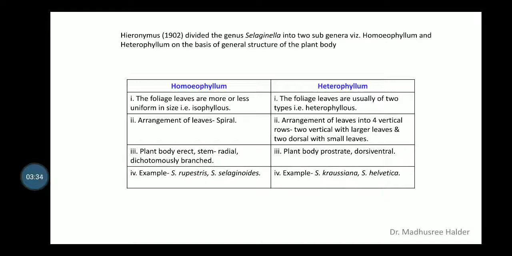Homophylum bears foliage leaves that are more or less uniform in size, that is, isophyllous leaves, and in case of Heterophylum, foliage leaves are usually of two types.